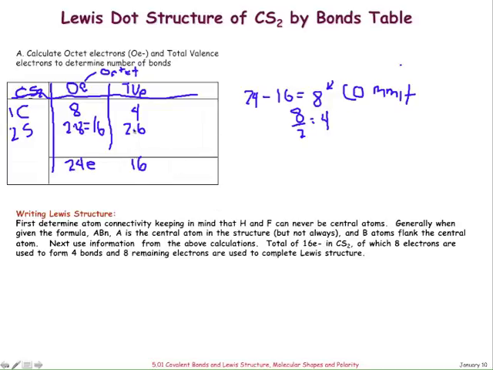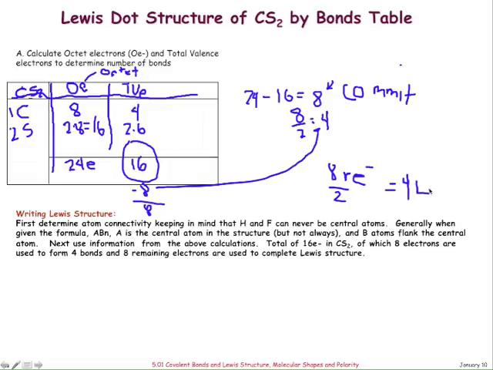Remember, this value right here, the 16, is the total number of electrons we're going to have in this structure, but we've just used 8 in bonding for a total of 4 bonds. So if we take 8 away from 16, we have 8 electrons remaining. Those 8 remaining electrons make up the lone pairs. So 8 divided by 2, we've got 4 lone pairs.